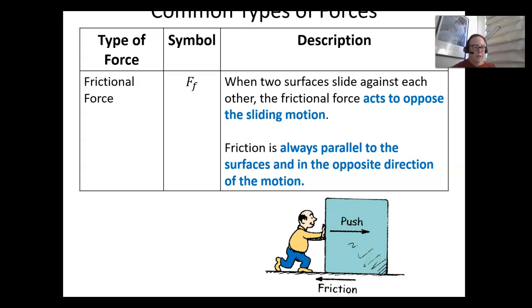Friction is always parallel to the two surfaces that are touching and in the opposite direction of the motion. This little figure here shows a man pushing a box, and he's pushing the box to the right. So the force of friction that the floor is exerting on the box points to the left. It is opposing the motion.